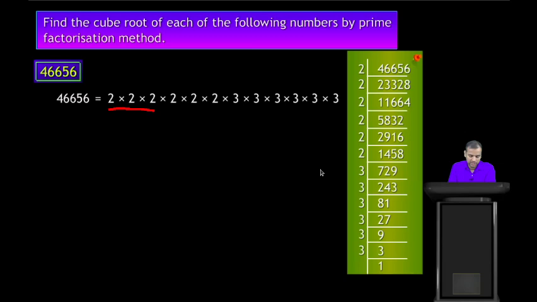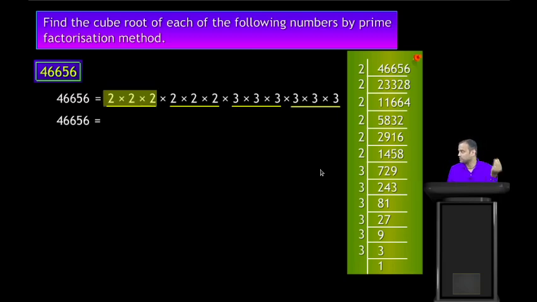So there is one pair, there is another, there is a third one, and there is a fourth one. Yes, so how many pairs do we get? 4 pairs, and from each pair we can pick one number.